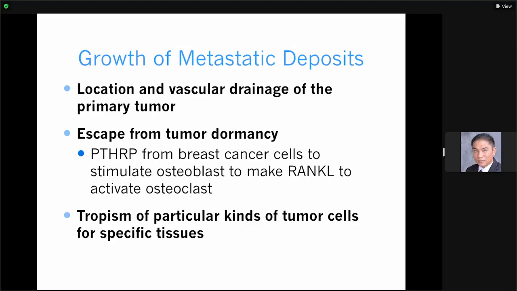There are tissues that are really not, based on observations, hindi sila fertile soil for colonization of cancer cells, like skeletal muscle. Hindi nyo commonly maririnig na nag-metastasize saan sa skeletal muscle. So walang ganun. And then escape from dormancy, like yung PTHrP, parathyroid hormone-related protein from breast cancer cells, to stimulate osteoblasts to make RANKL to activate osteoclasts to have osteoclastic activity.